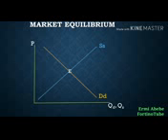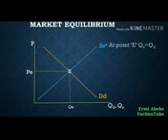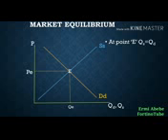In a market equilibrium we have a price which is called the equilibrium price, and a quantity which is called the equilibrium quantity. At equilibrium, at point E, quantity supplied QS and QD are equal, both become QE.